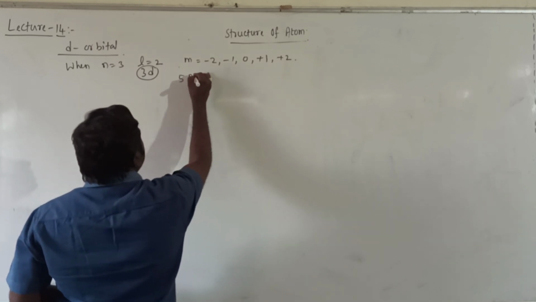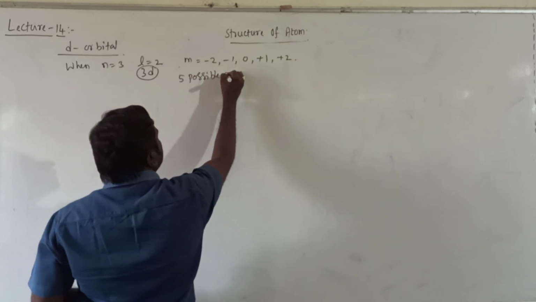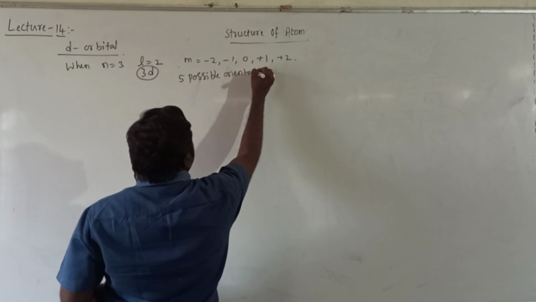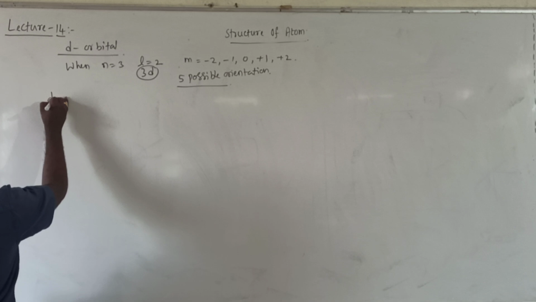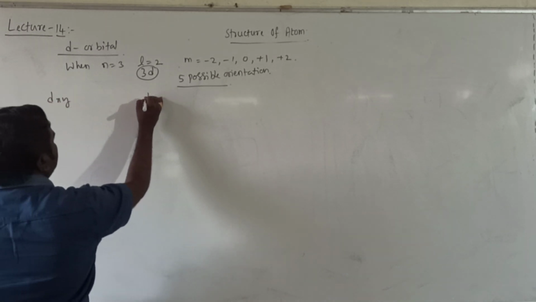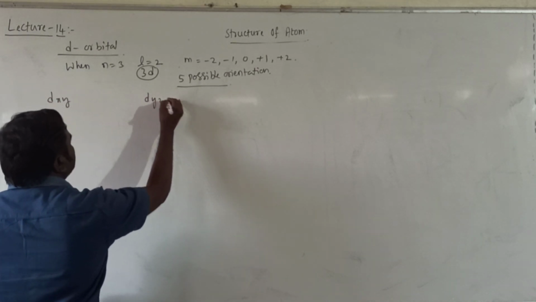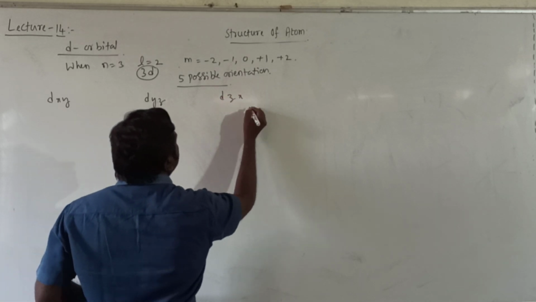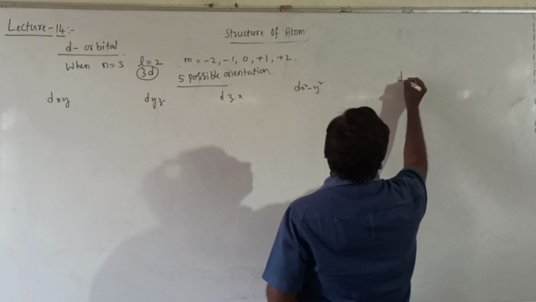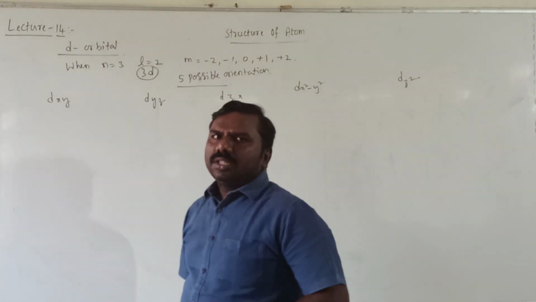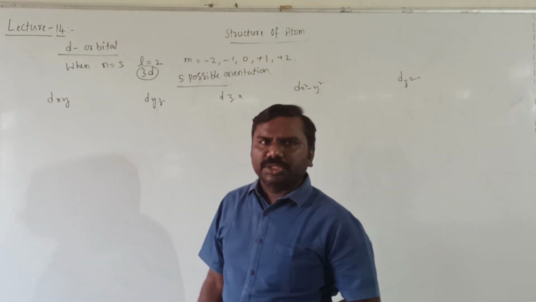Totally 5 possible orientations. Those 5 are, first one is dxy, dyz, dzx, dx square minus y square, and the last one is dz square. These are the 5 possible orientations.